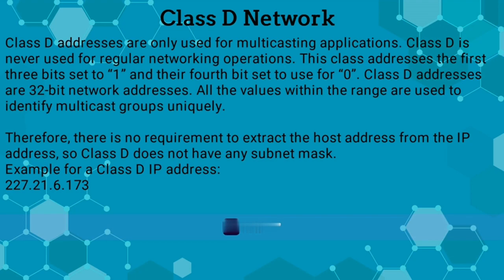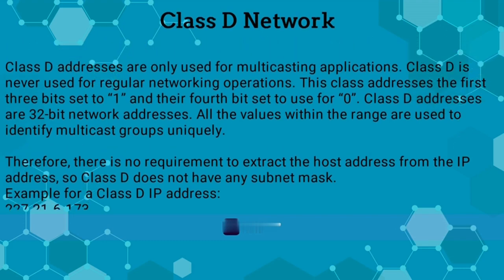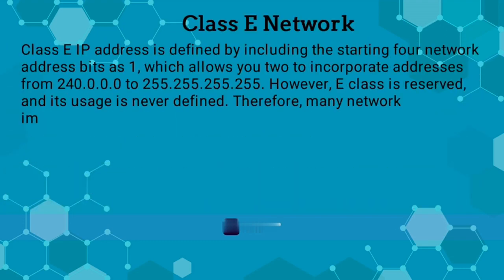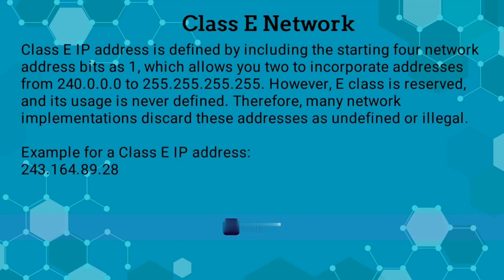An example of a Class D IP address is 227.21.6.173. Class E network. A Class E IP address is defined by setting the starting four bits of the network address to 1, which allows you to incorporate addresses from 240.0.0.0 to 255.255.255.255.